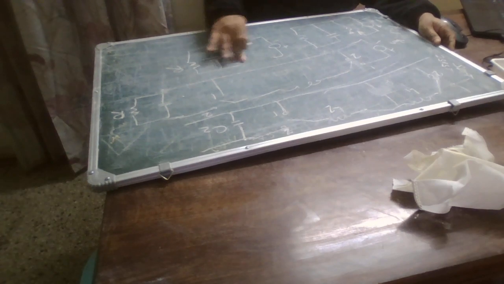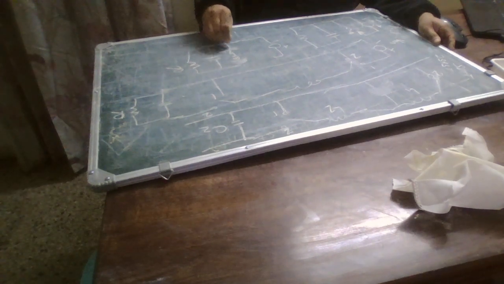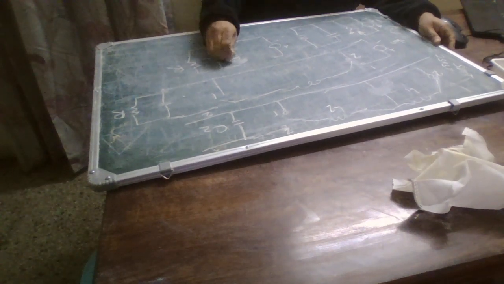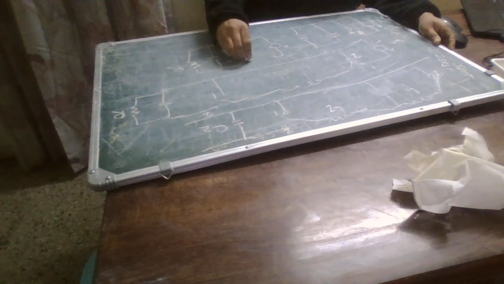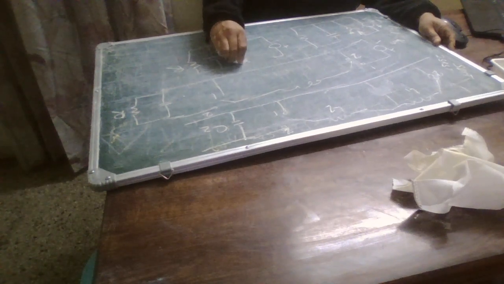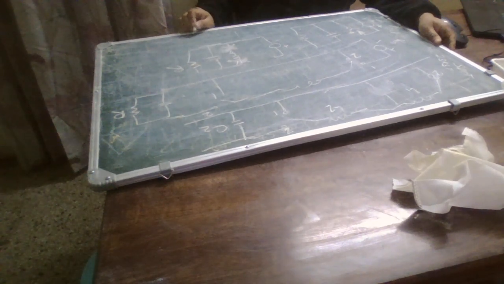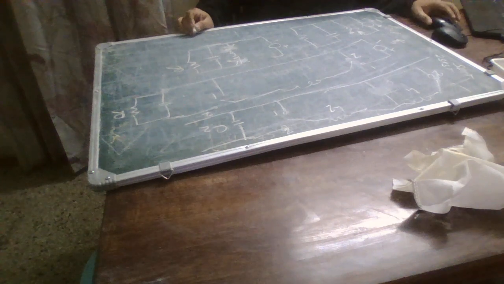Earlier the dot was here, it was going in this way. Now the dot is here and it's going inside in this way for the inverting output voltage.